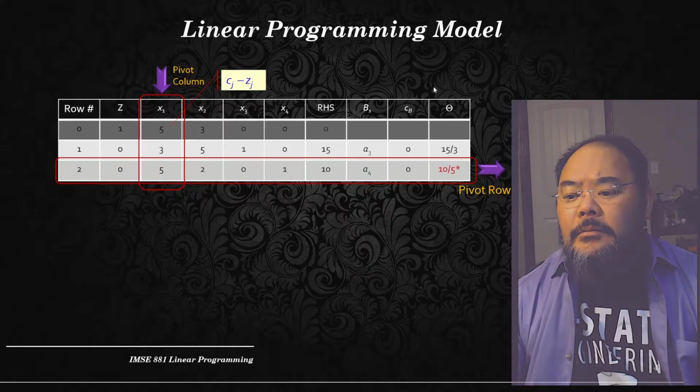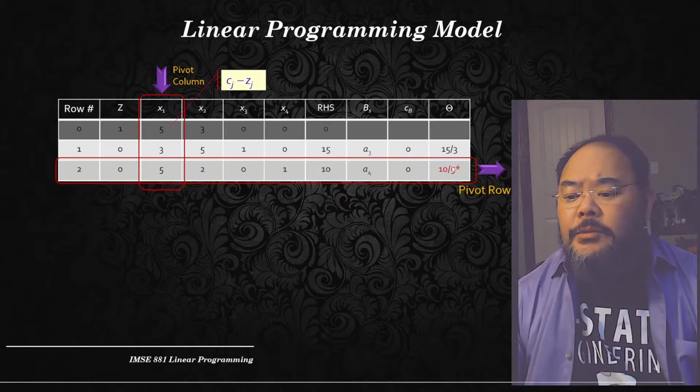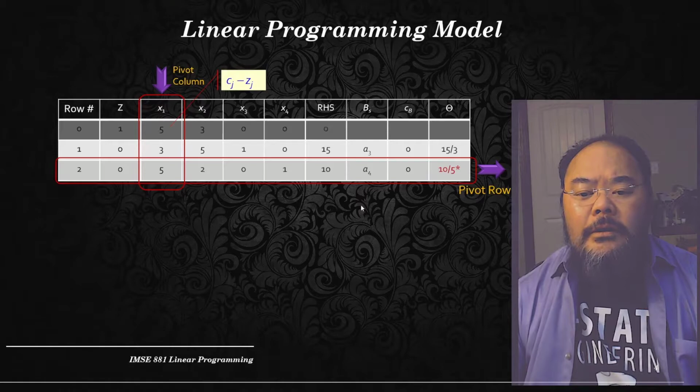Then, based on the minimum ratio test, we take the right hand side divided by the column entries that are positive. 15 divided by 3 is 5, and 10 divided by 5 is 2, so 2 is the smallest value. Therefore x4, the column corresponding to x4, is the leaving variable.